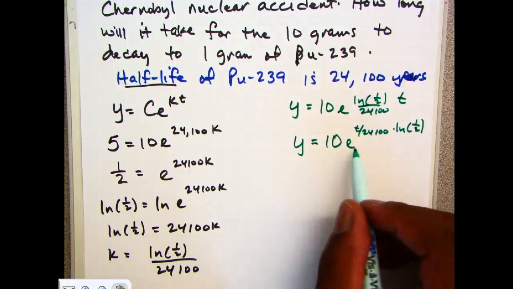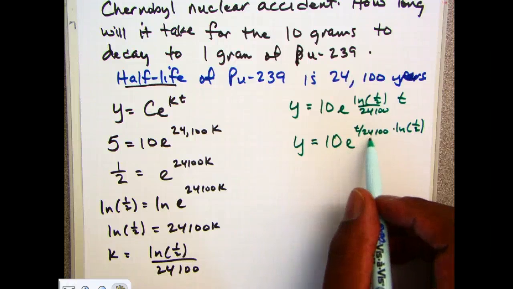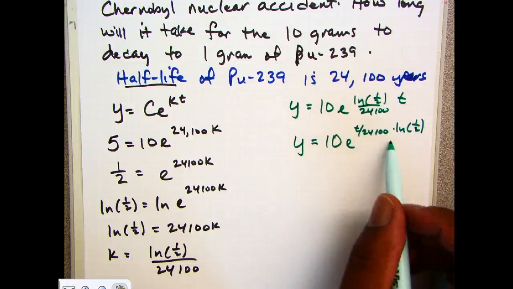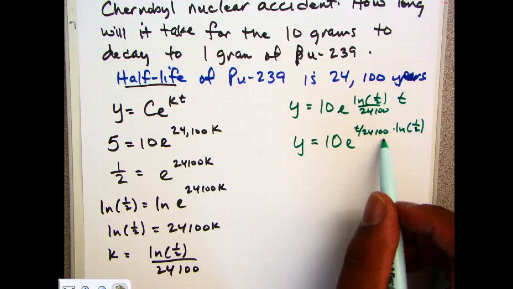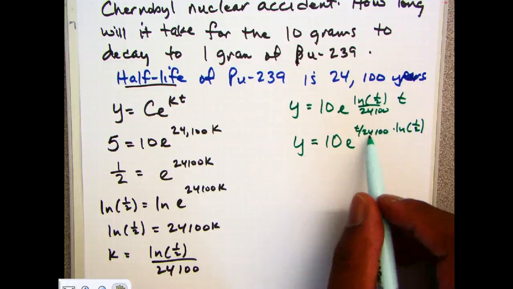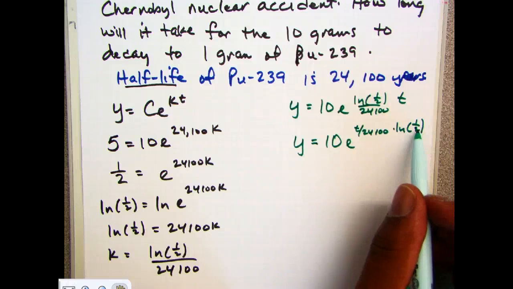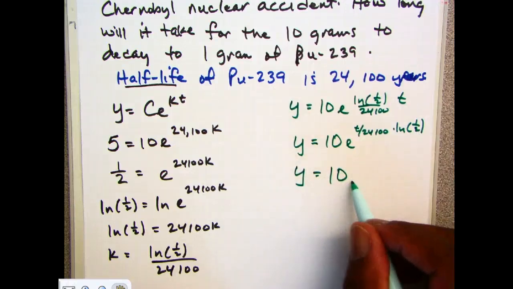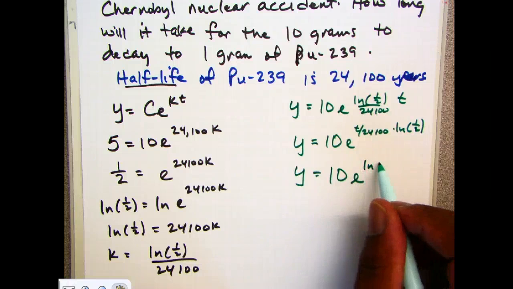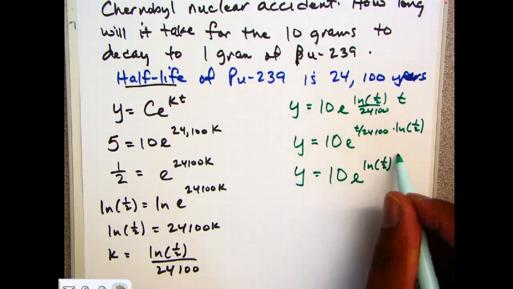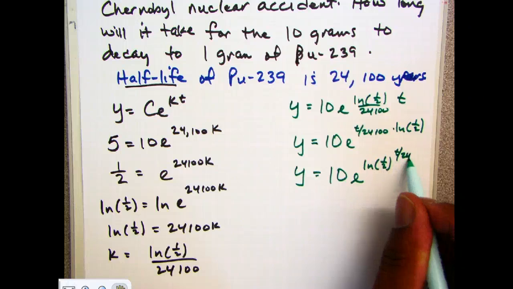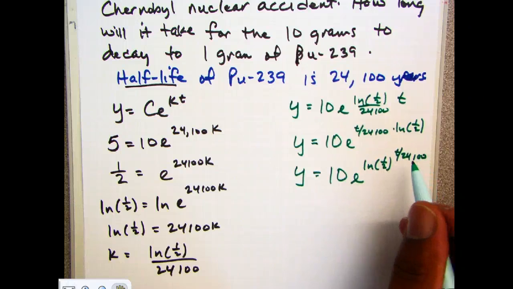Okay. Now here, this e to the, let's see, what did I do? e to the t over 24,100 times ln of 1/2. Can rewrite that as 10e to the ln of 1/2 raised to the t over 24,100.